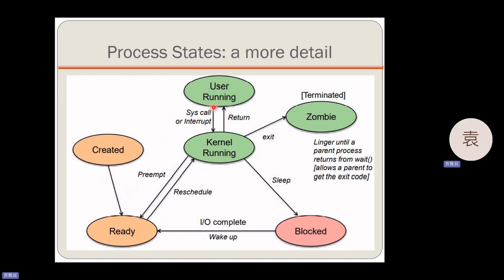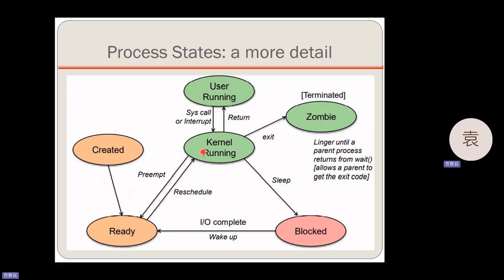So the CPU will switch mode from the user mode to kernel mode, on behalf of this user process. And inside this kernel mode, the CPU will execute the corresponding service functions.